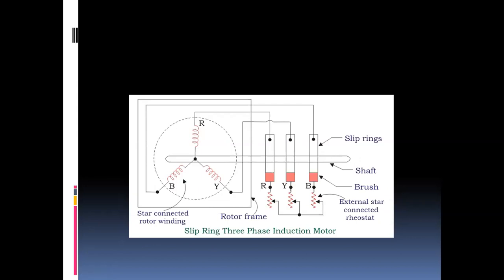These three brushes are further externally connected to a three-phase star-connected rheostat. This makes possible the introduction of additional resistance in the rotor circuit during the starting period, for increasing the starting torque of the motor and for changing its speed or torque or current characteristics.